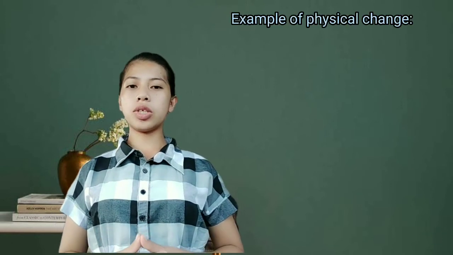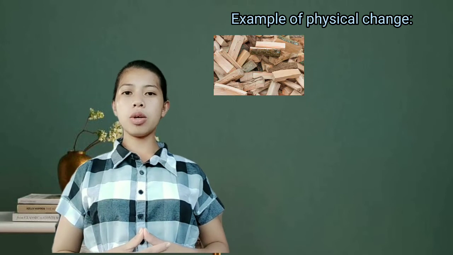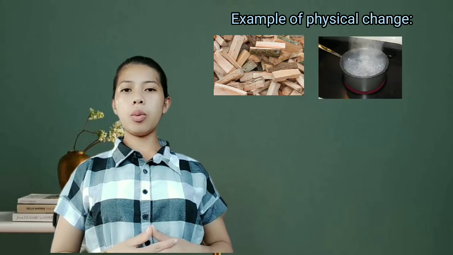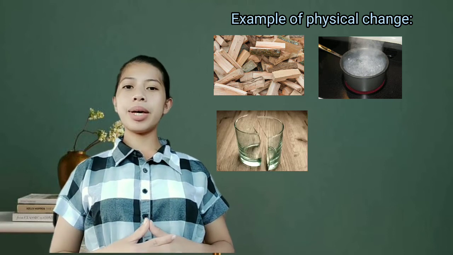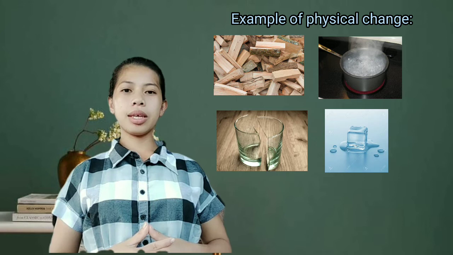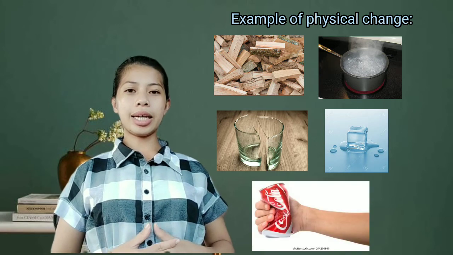No new substance is formed. The change can reverse, and the matter can be used to make or decompose mixtures. Examples of physical change are chopping of wood, boiling water, breaking a glass, melting an ice cube, and crushing a can.